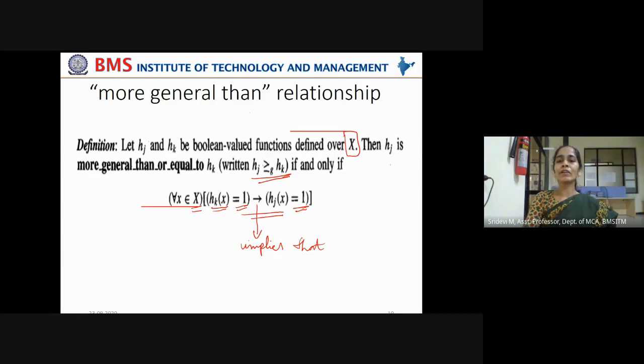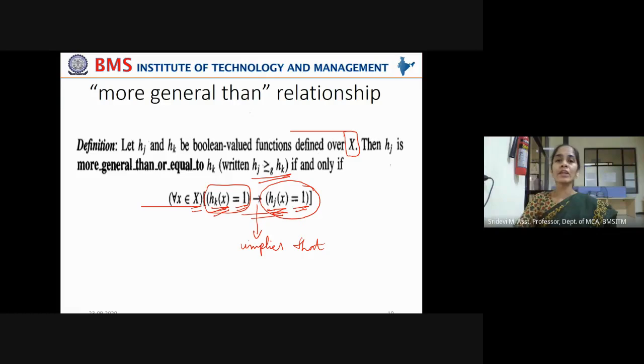Got it? Because Hj is your more general description. Hk is your more specific description. In that case, if an instance is predicted as positive by Hk, surely it would have been predicted as positive by Hj also. Why?